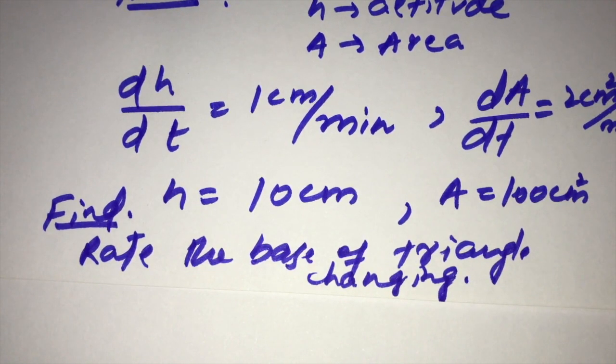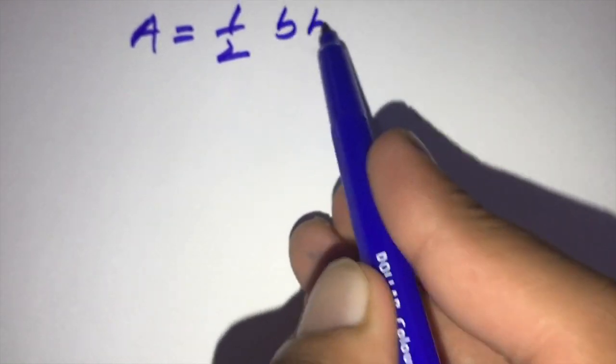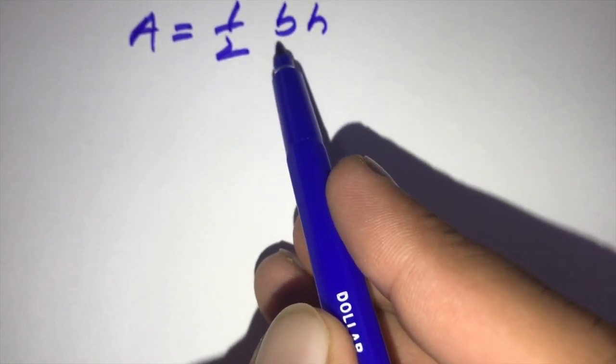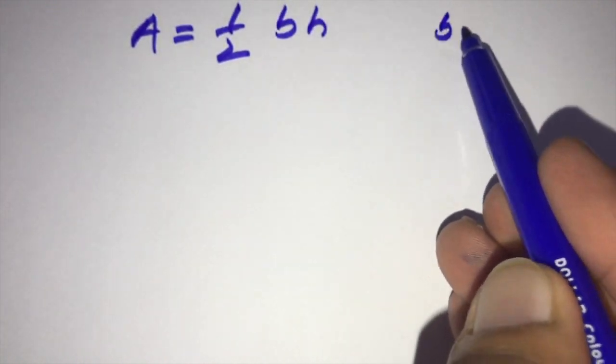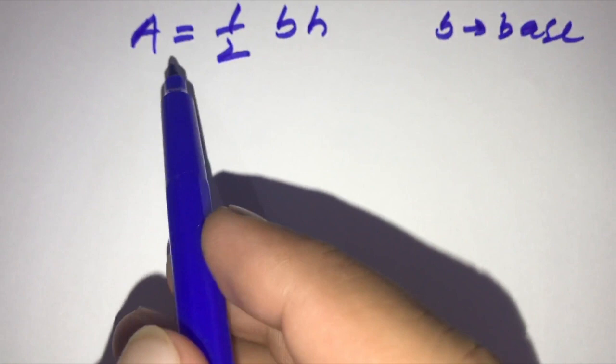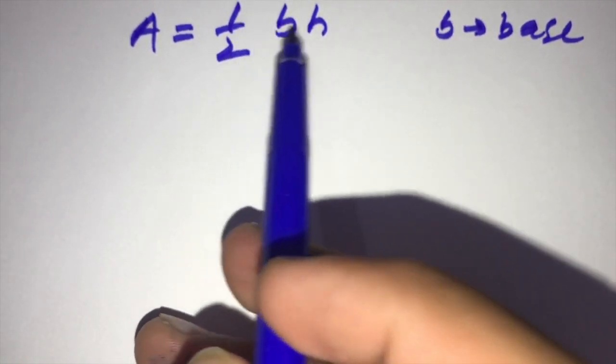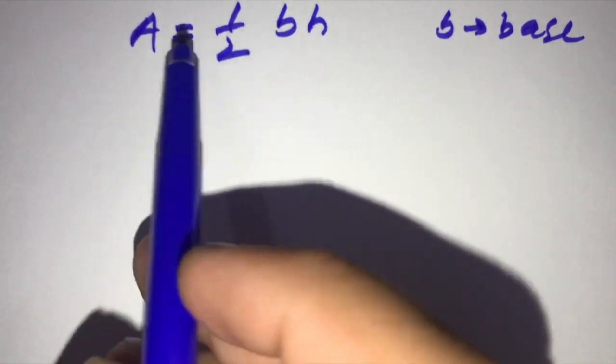As we know, the area of the triangle is A is equal to 1 by 2 BH. Here we represent B by base. Okay, as we find the rate of change of the base, we take the derivative on both sides.